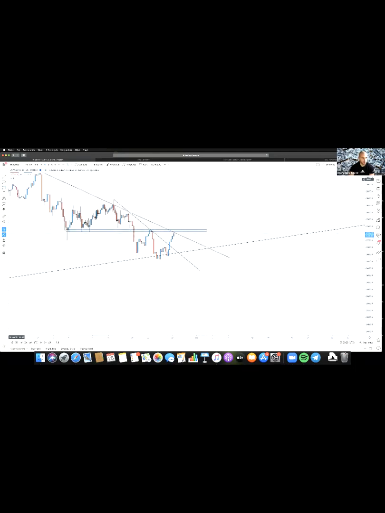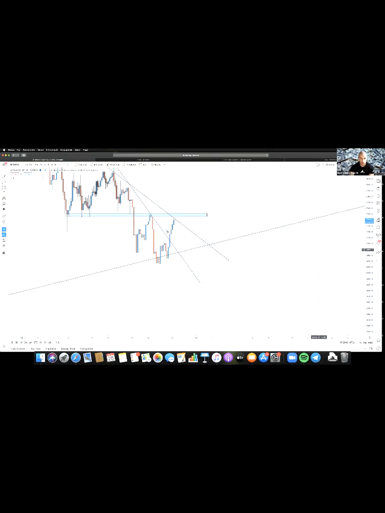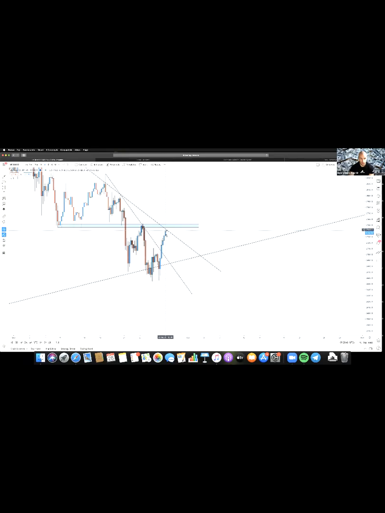I think it's possible the price makes some pullback to the downside to the trend line, the counter trend line, and it's possible to create an inverse head and shoulders, and after it will continue to the upside. On the H4 we need to wait for the first red candle, because you can see the last one is still blue, and it can still push a little bit higher to this level.